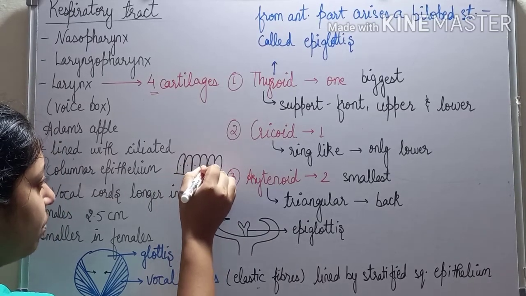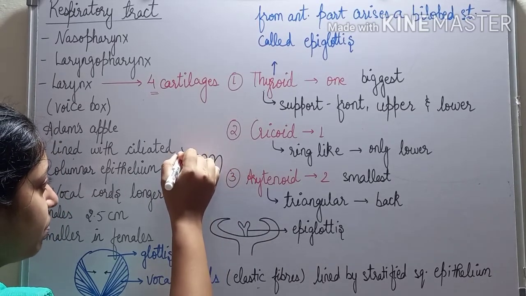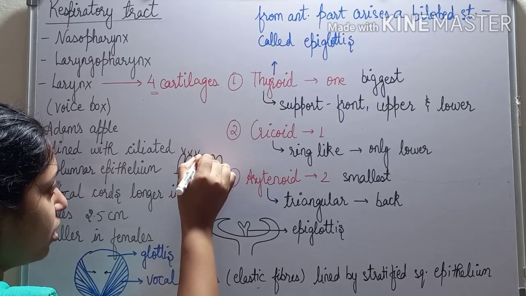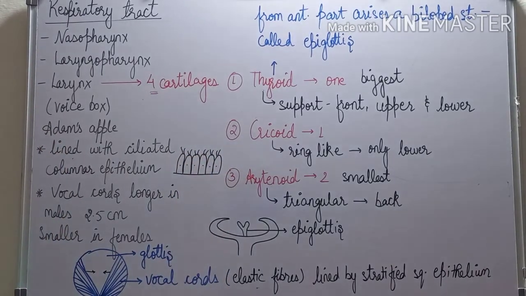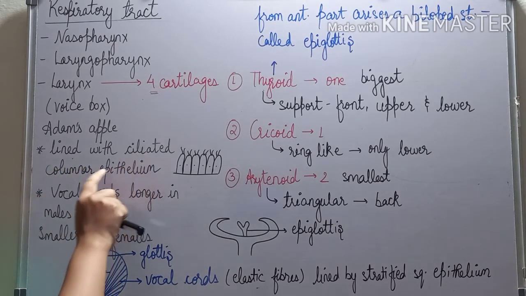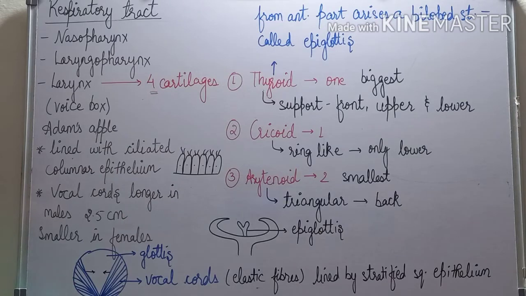This is columnar epithelium, and when this columnar epithelium has cilia present on it, it is known as ciliated columnar epithelium. So the inner side of the larynx is all lined with, made up of ciliated columnar epithelium.